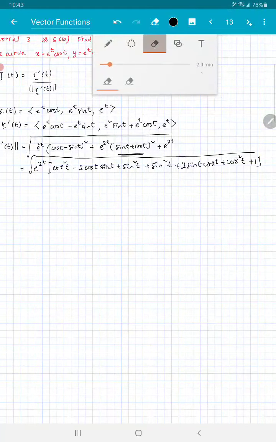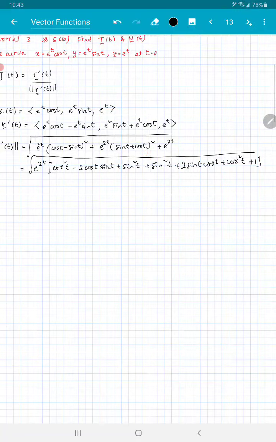Now we can do some simplification. We have minus 2 cos t sin t and plus 2 sin t cos t, so that gives us 0.